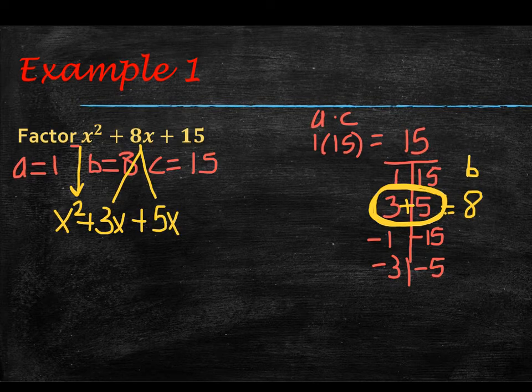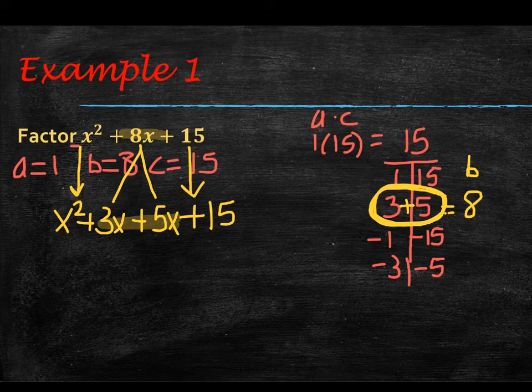So now we have the 3x and the 5x that add up to that 8x. All we're doing is splitting it back into the 4 terms so that we can go ahead and use grouping. And then we're going to bring down the plus 15.